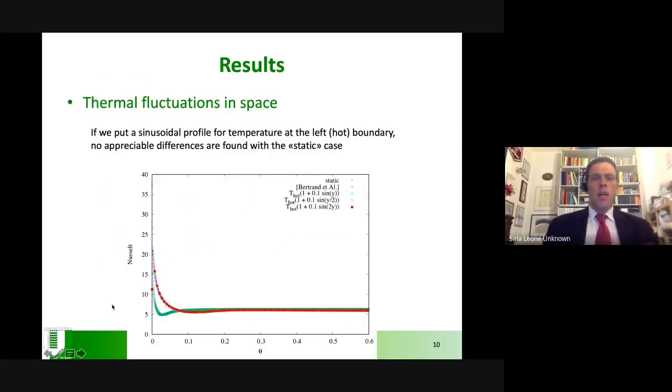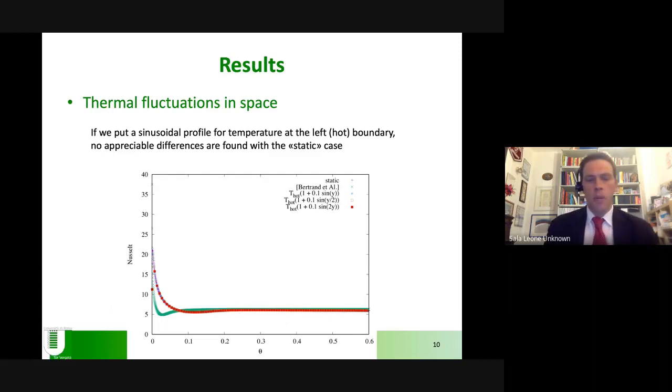The first kind of thermal fluctuations that we have considered are those in space. So we impose a sinusoidal profile on the temperature at the hot wall, on the left, but we saw that even raising this static space fluctuation up to more than 10% of the entire hot wall temperature, we saw no appreciable differences for the different Rayleigh numbers that we have considered.